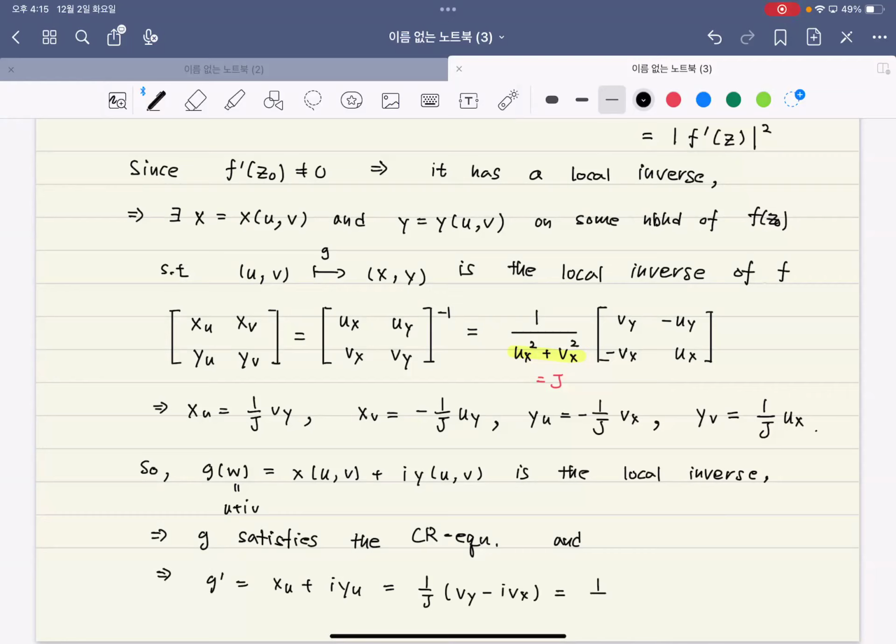And this 1 over j times vy is assumed to be the same as ux because of the Cauchy-Riemann condition, and minus i vx just carries over.